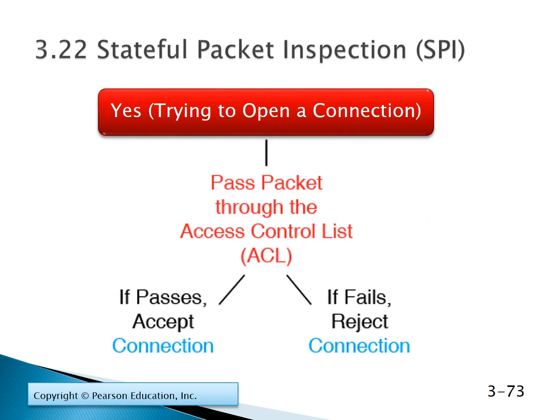If we are trying to open the connection, then the packet will be passed through the access control list, sometimes called the ACL. There's a list showing what kind of packets should be accepted and what kind should be rejected. Normally it could be based on IP address, port, the protocols used, or the application that is using it, and so on.